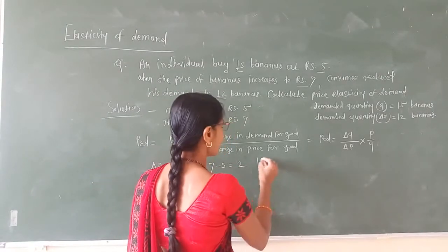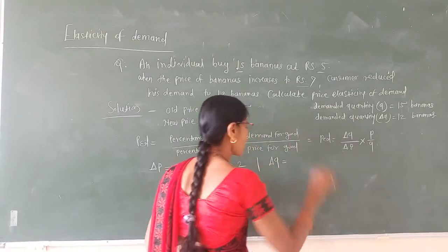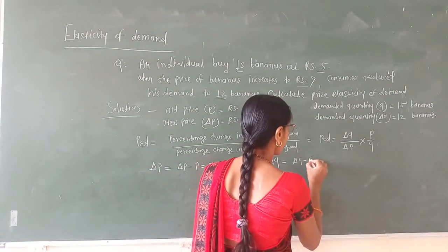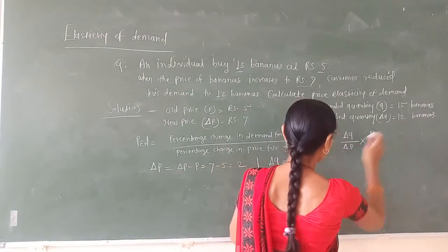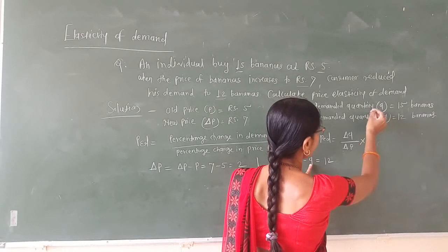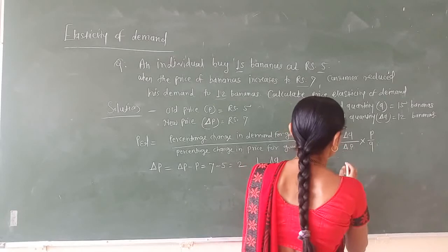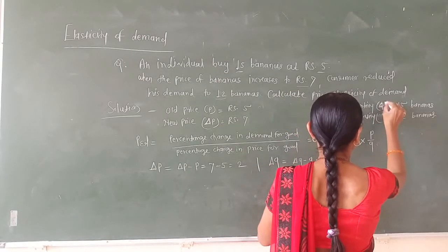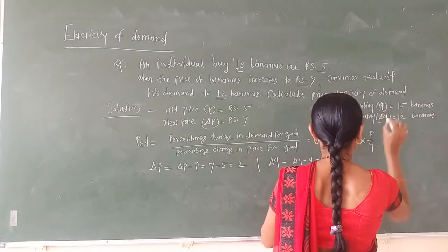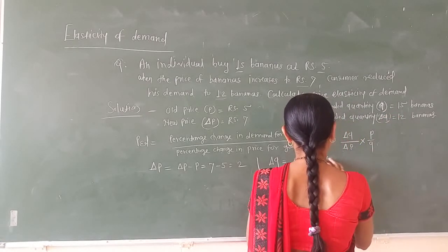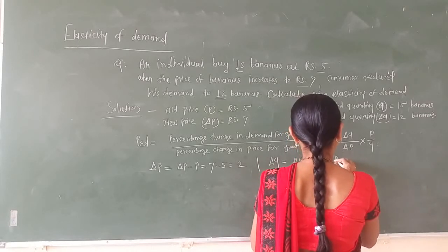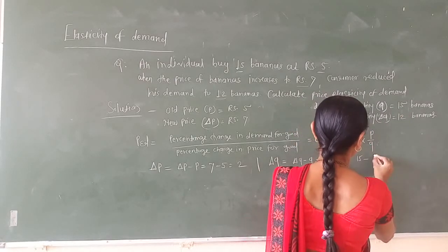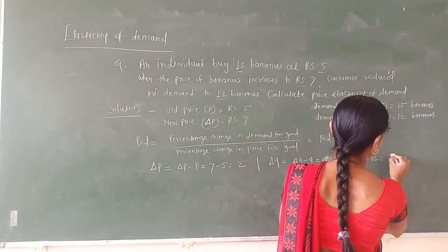To calculate delta Q, the change in quantity demanded, we take the initial quantity 15 minus the new quantity 12, which is 3.